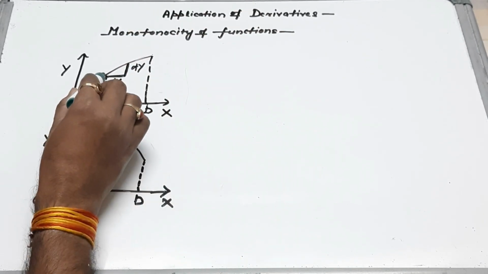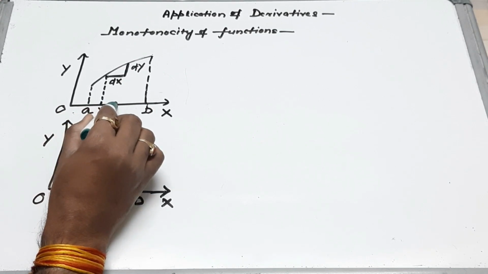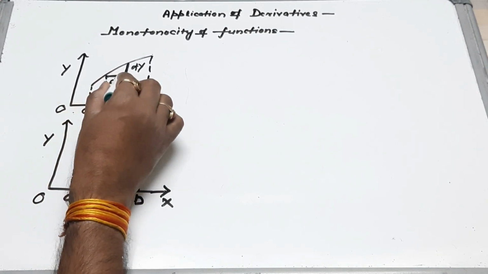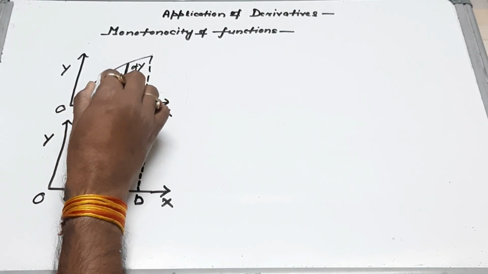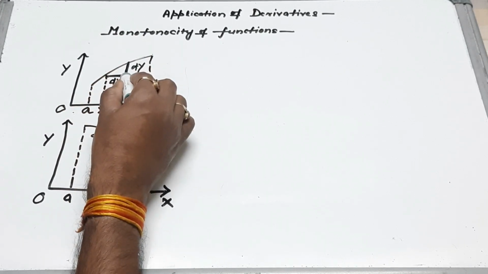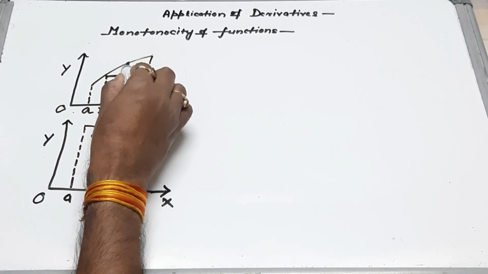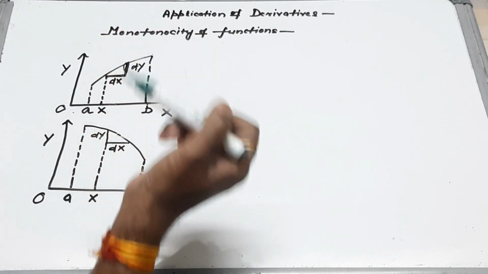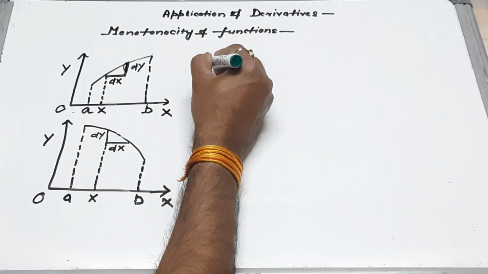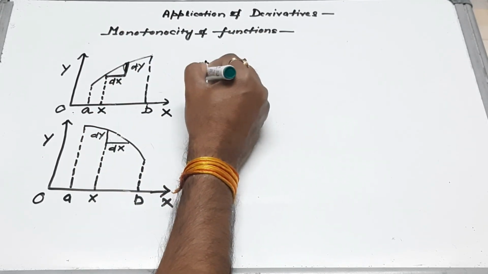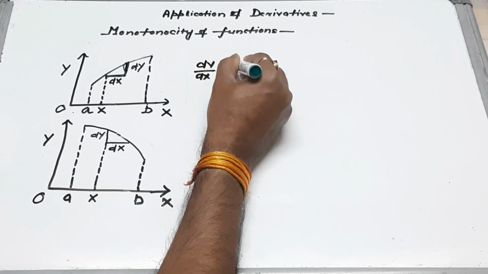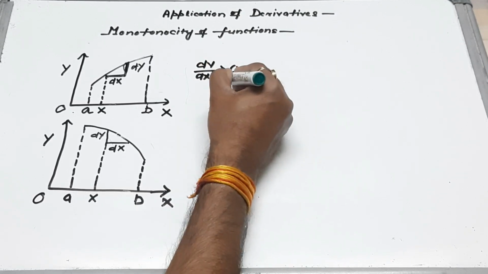At point x, what did I do? I moved a dx distance here. During this movement, function rises from this point to this point, means dy distance it rises. Correct? Means what? Here dy by dx is greater than 0. Means it is positive.